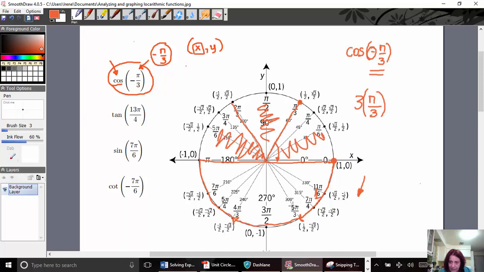So this is the first piece, this is the second piece, this is the third piece. But we want exactly negative pi thirds, 1 pi third. So what we want is this piece right here. So this means that we find ourselves at 5 pi thirds, and the terminal point of that is this. We are looking for the cosine, so this is going to be 1/2. So the cosine of negative pi thirds is nothing else than 1/2.